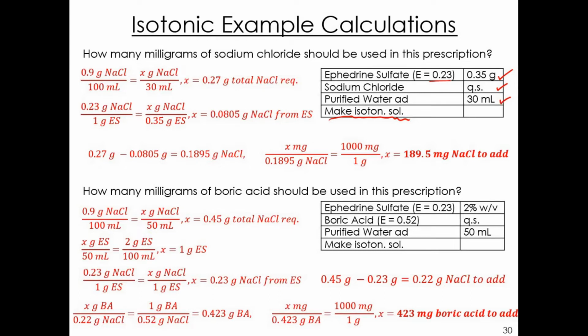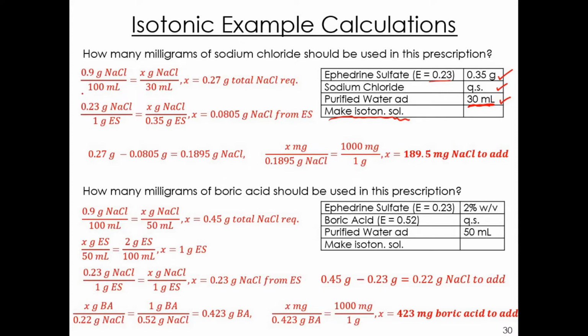So we'll approach this problem the same way that we did in the picture we just looked at, where step 1 is to determine how much sodium chloride would be needed to make the entire volume isotonic, just using sodium chloride alone.